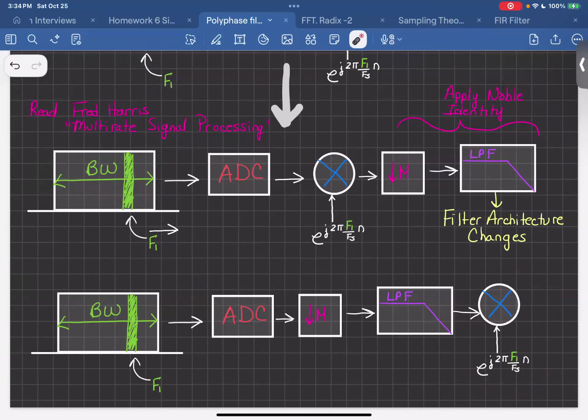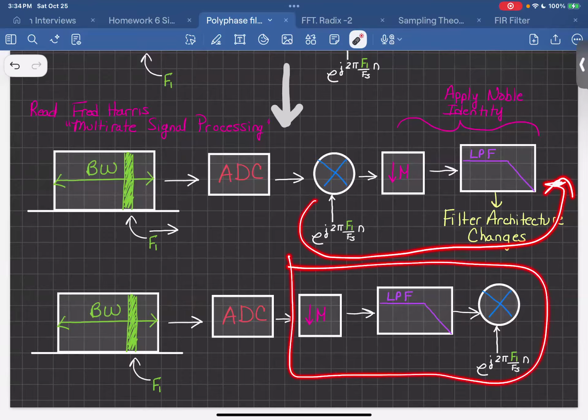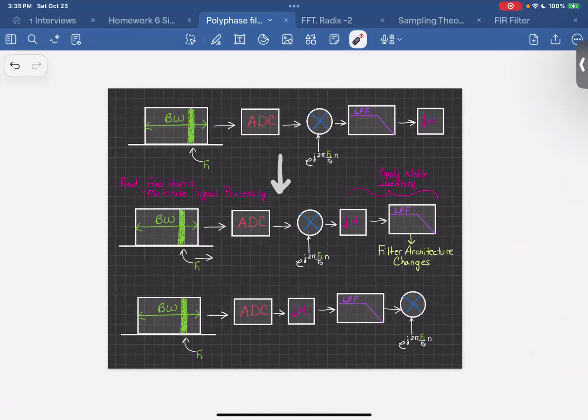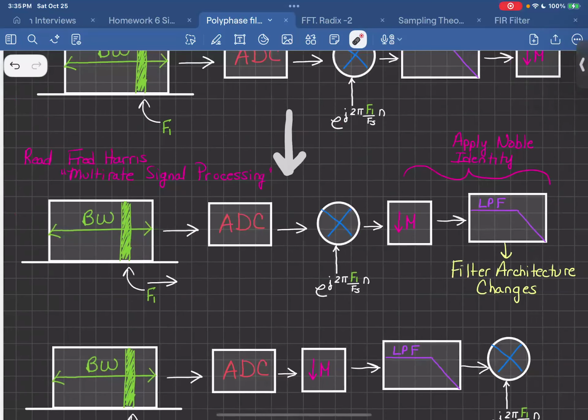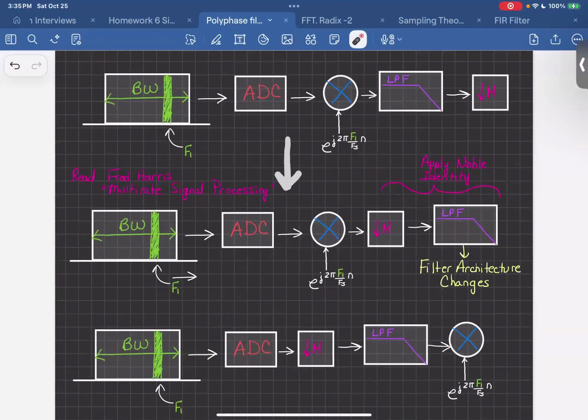And then we determine that we can slide this mixer to the end of the line. And so right here, we have a different kind of signal flow than up here. I'm making this simple so that you can read through here so that you can fully understand it for yourself.